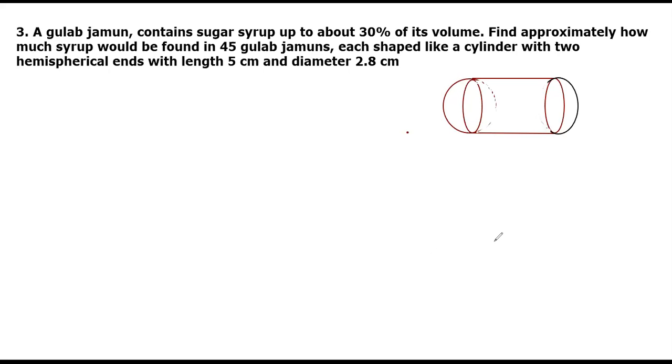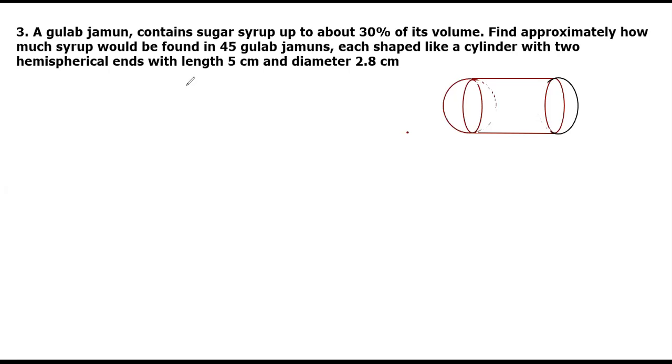So it will look like this. Gulab jamun will look like this, and now each is like a cylinder with two hemispherical ends with length 5 centimeter and diameter 2.8 centimeter.